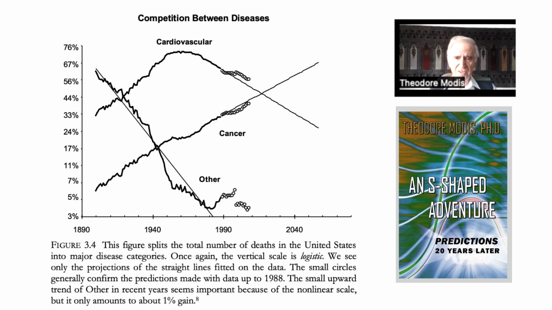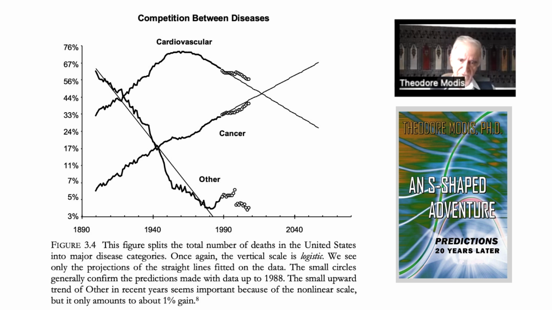So this picture was published in my first book, Predictions, with the straight lines, and then the dots are the updates 20 years later. Let me remind you that we're seeing straight lines on a logarithmic scale, which means that this is a declining S-curve. All others are declining according to a natural path.